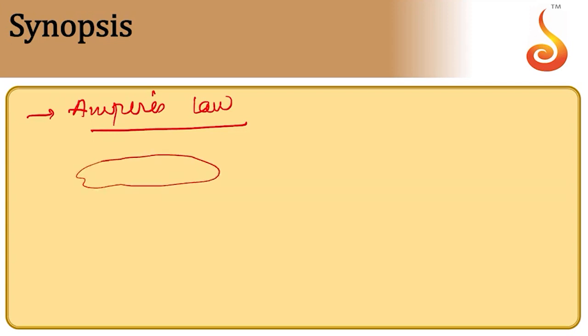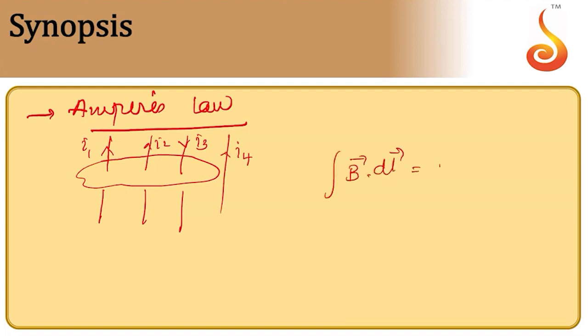Let us consider an Amperian loop like this, and there are a couple of conductors carrying current, for example I1, I2, I3, I4, etc. Then according to Ampere's law, the loop integral of B dot dl over this loop is given by mu naught times I net. So we can use this expression to find out the magnetic field due to any symmetric current distribution.